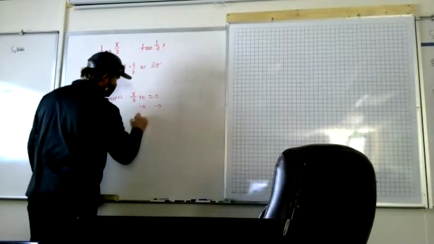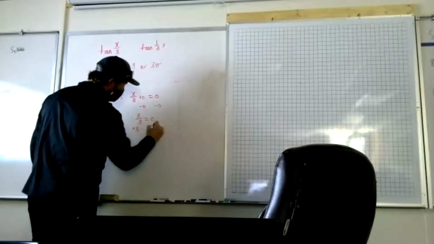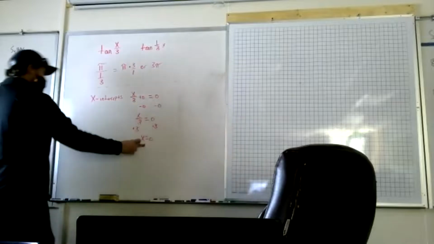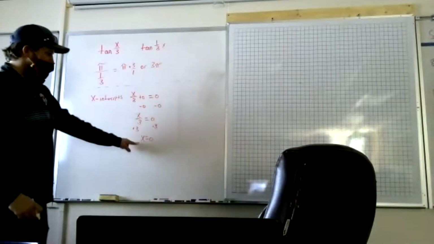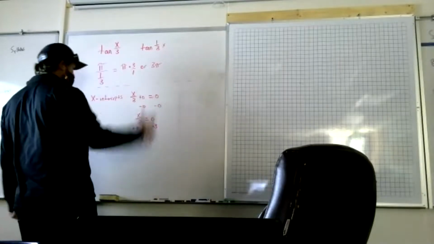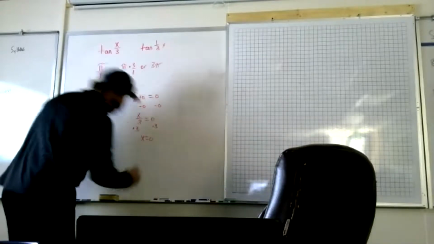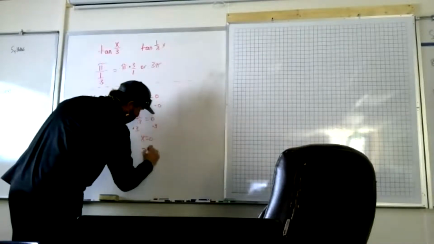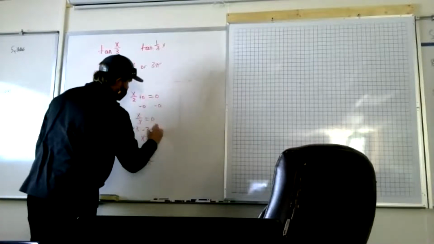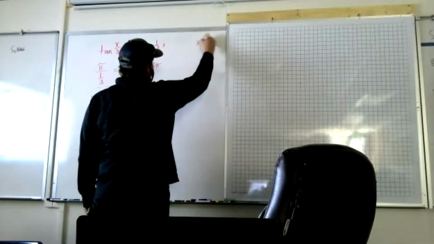I'm going to be left with x over 3 is equal to 0, and then I'd multiply by 3 to isolate x, and you'd see that x is equal to 0. This is the location of my first intercept. Okay, that's at the origin. The next one happens 3 pi radians away. So that means I have an x-intercept at 3 pi, 6 pi, and negative 3 pi. Okay, I'm just finding locations of them. I'm going to put those up in the top right corner.